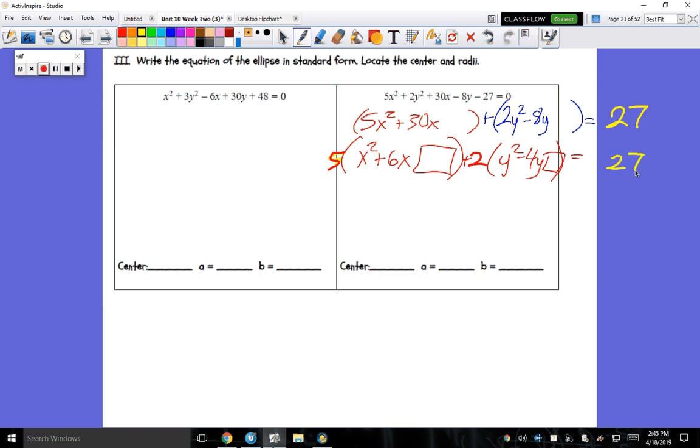Okay? I'm about to do b over 2 squared. That's that completing the square piece. And I can do it now because the coefficient of x and y are what? 1. So can someone tell me what's going to go in this first blank right here? 9. How about this one over here? Plus 4, right? Because 4 divided by 2 is 2.